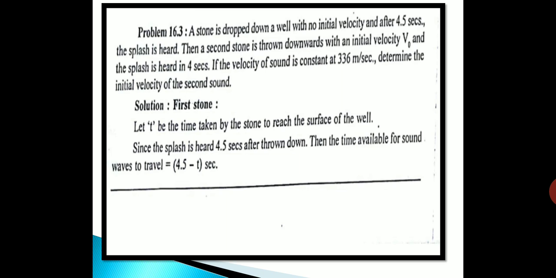First time is small t, therefore the second time, that is the sound reaching your ear from the water surface, is 4.5 minus t seconds. Now this becomes the core of this problem. Understanding this becomes very important.